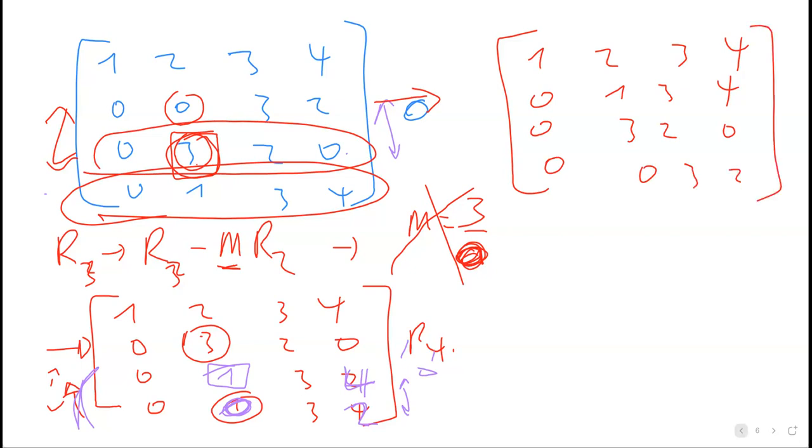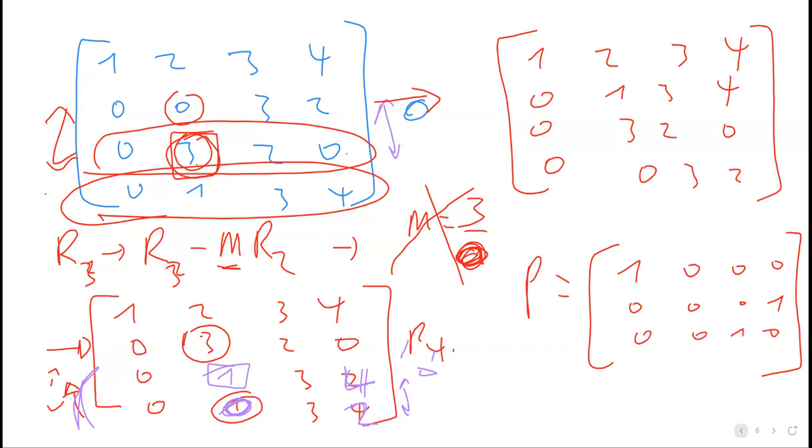And then you should know which permutation matrix you are applying. So here, what have you done? You have left this one, you have changed that one for the last one, so row 4 is here. That one was left, and then this one was there. So this is the permutation matrix you have used.